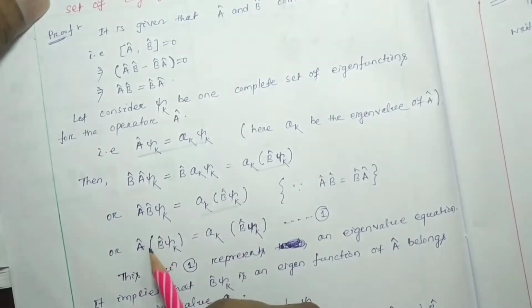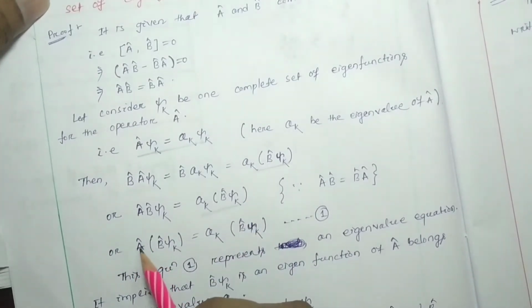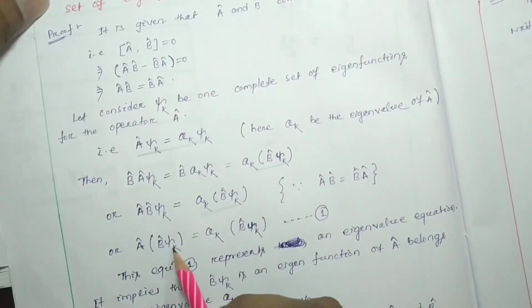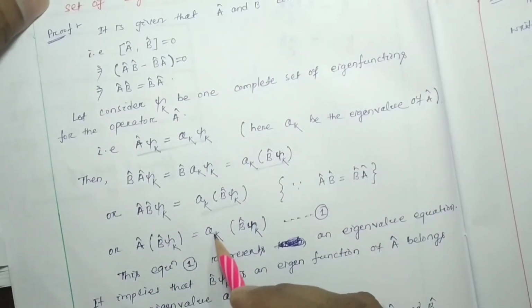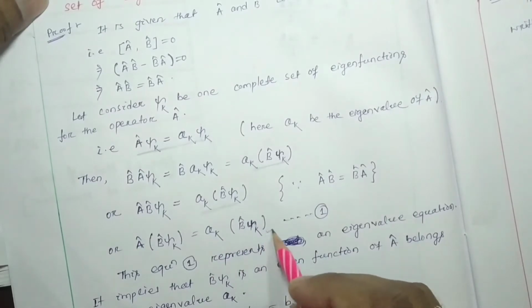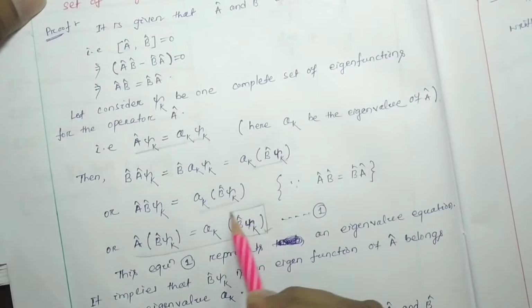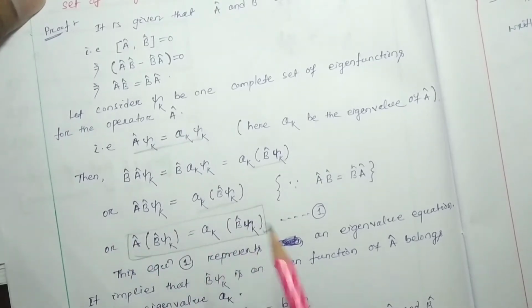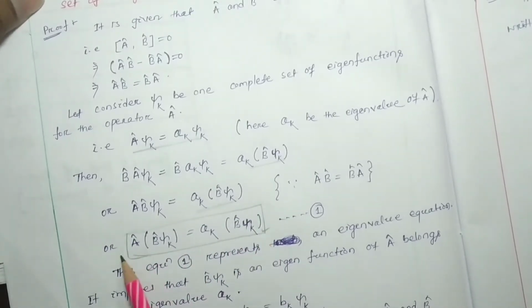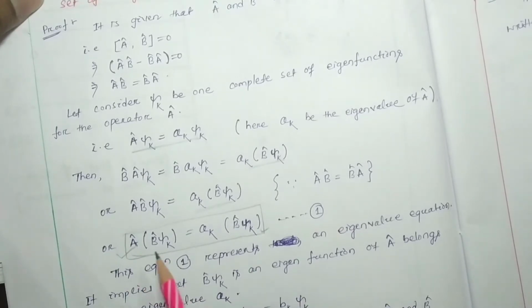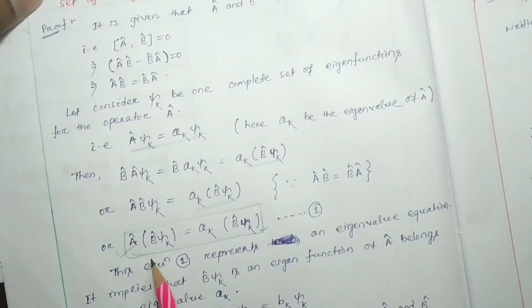So here I can write in this form that A cap in bracket B cap psi k is equal to a k B cap psi k. Equation number 1, if you watch it carefully, gives a smell of an eigenvalue equation.